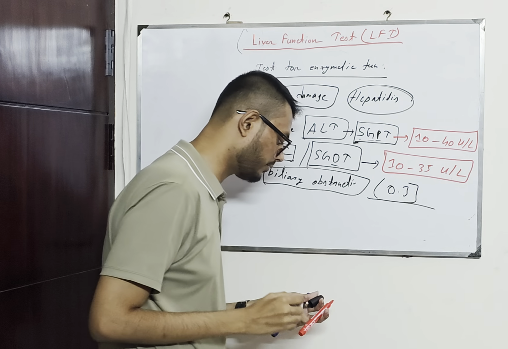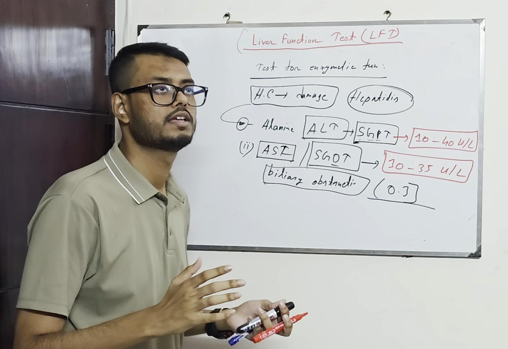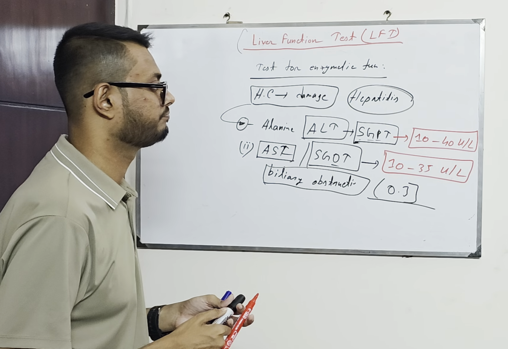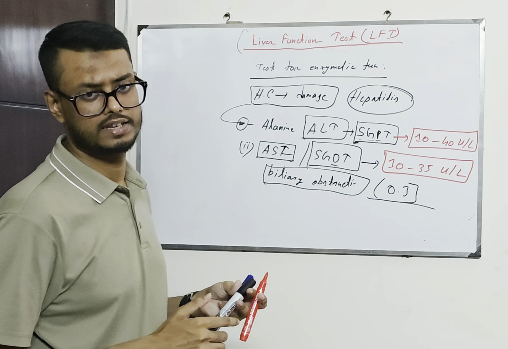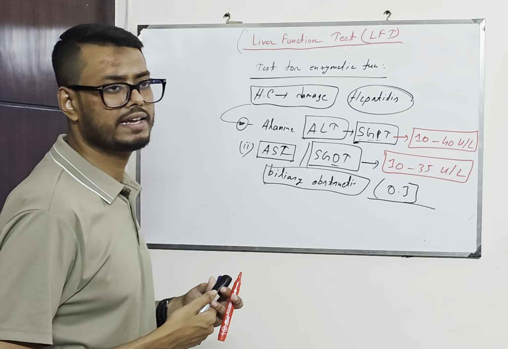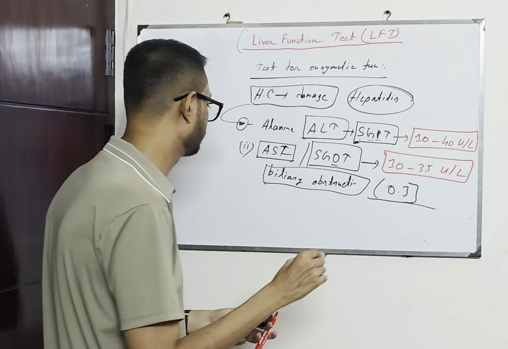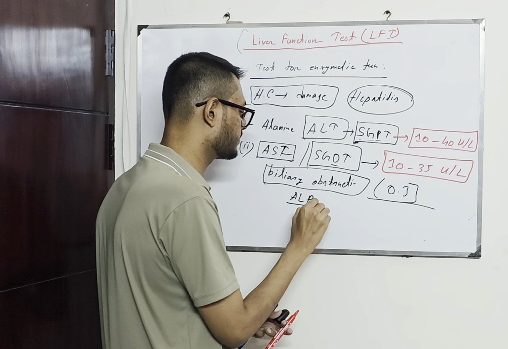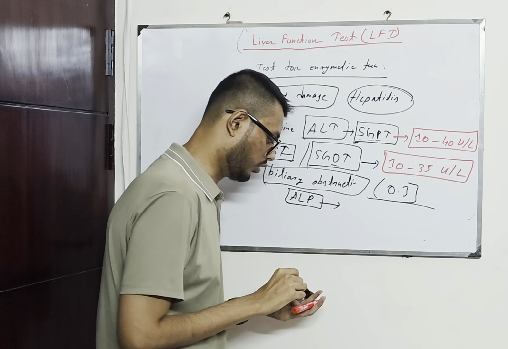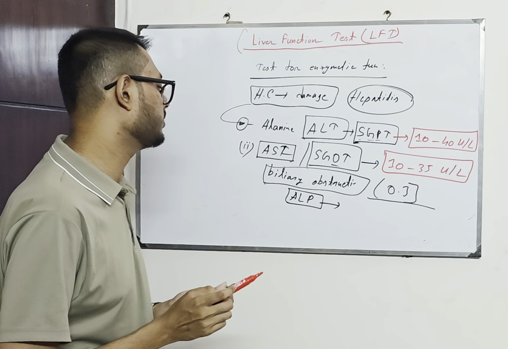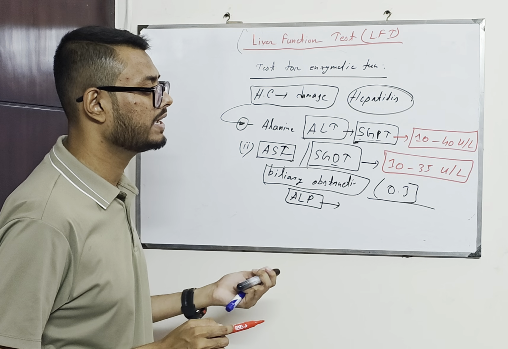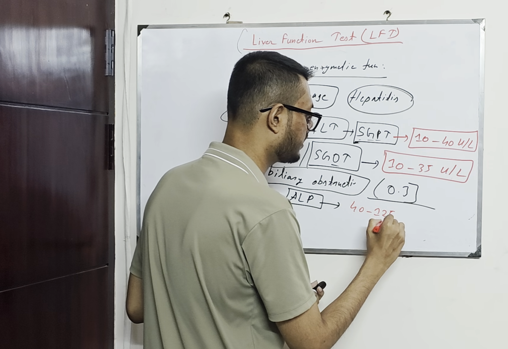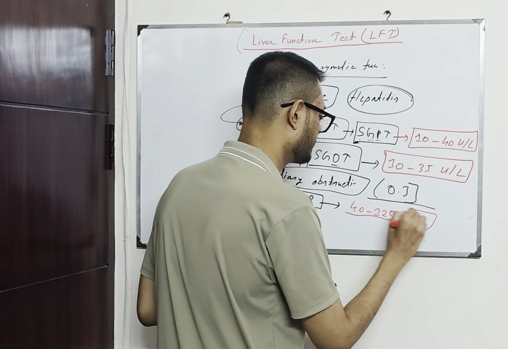In case of obstructive jaundice, we can see another two enzymes. That is alkaline phosphatase, ALP. What is its normal value? Its normal value is 40 to 125 units per liter.